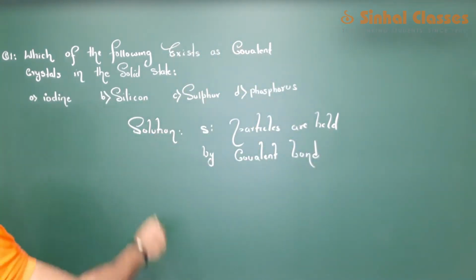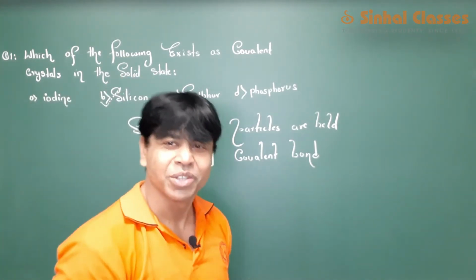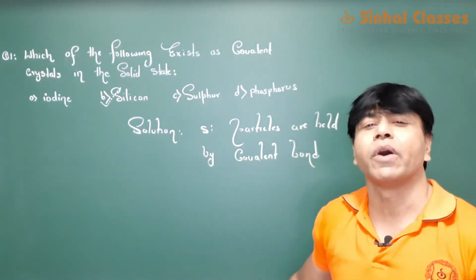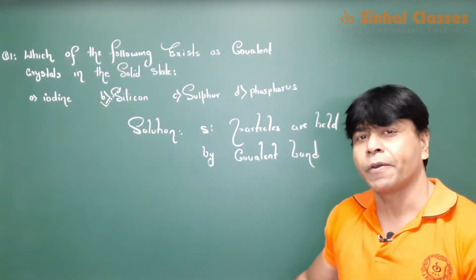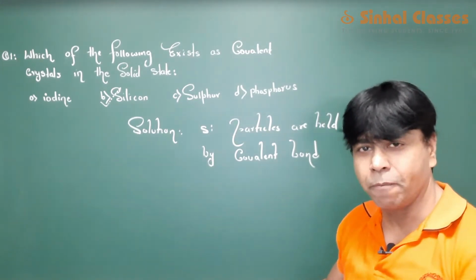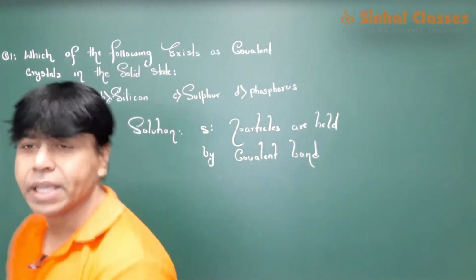Therefore, they exist as covalent crystal in the solid state. So among the following, silicon will be the one which is found in the solid state. And you know iodine is a sublimate compound. So your answer for this question is B.